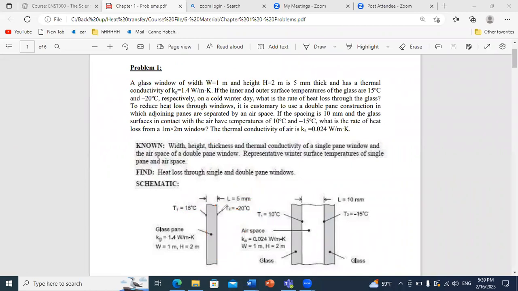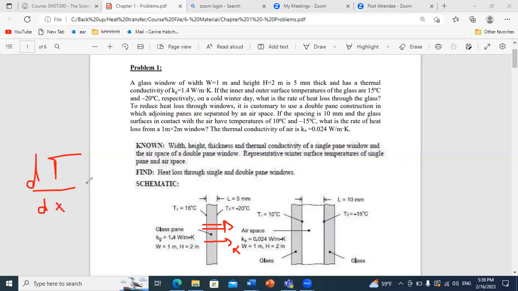So in this figure, if you want to illustrate the direction of the flux, you know that the flux will always go from large temperature to smaller temperature. So it will move in this direction. This is my positive x, and then dT by dx will be negative because the temperature at the outer side is smaller than the inner side.